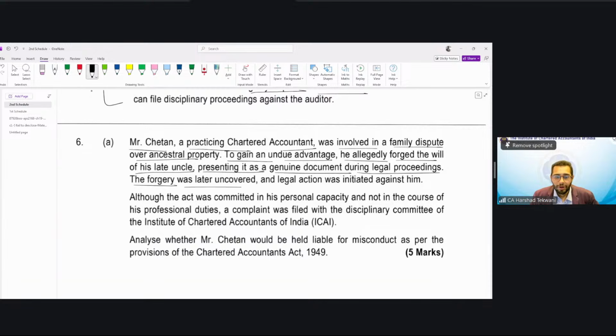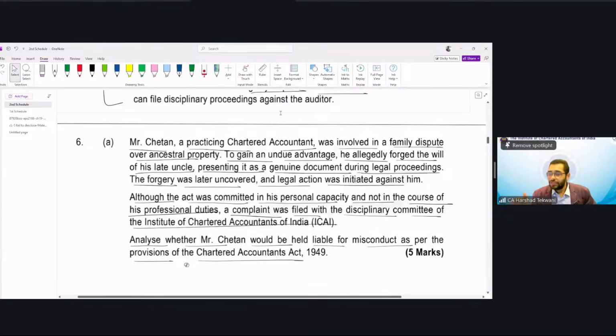The forgery was later uncovered and legal action was initiated against him. Although the act was committed in his personal capacity and not in the course of his professional duties, a complaint was filed with the disciplinary committee of the ICAI. Analyze whether Mr. Chetan would be held liable for the misconduct as per the provisions of the CA Act.